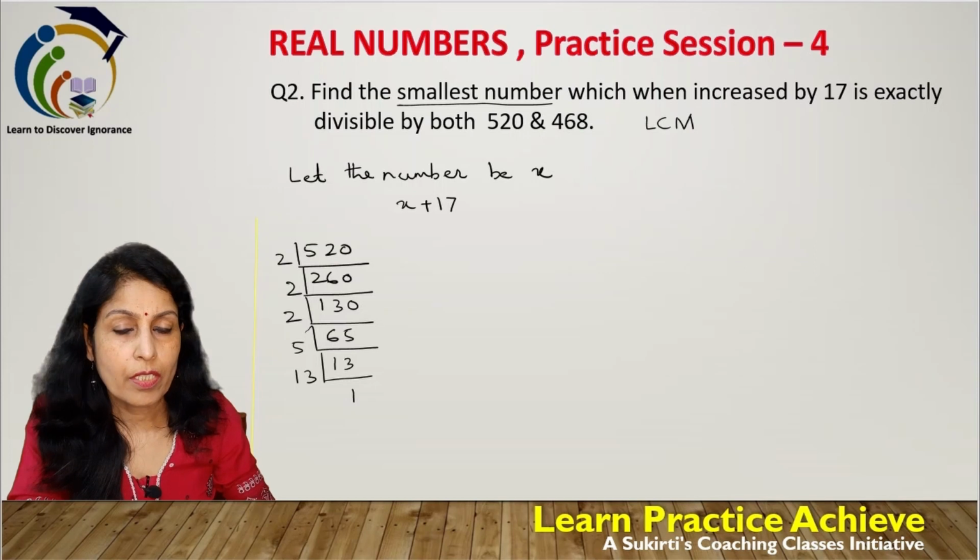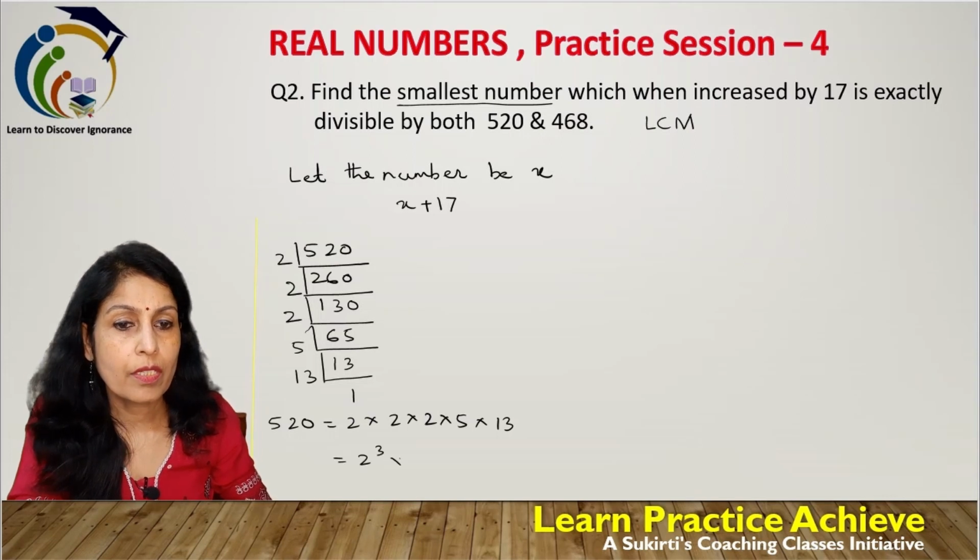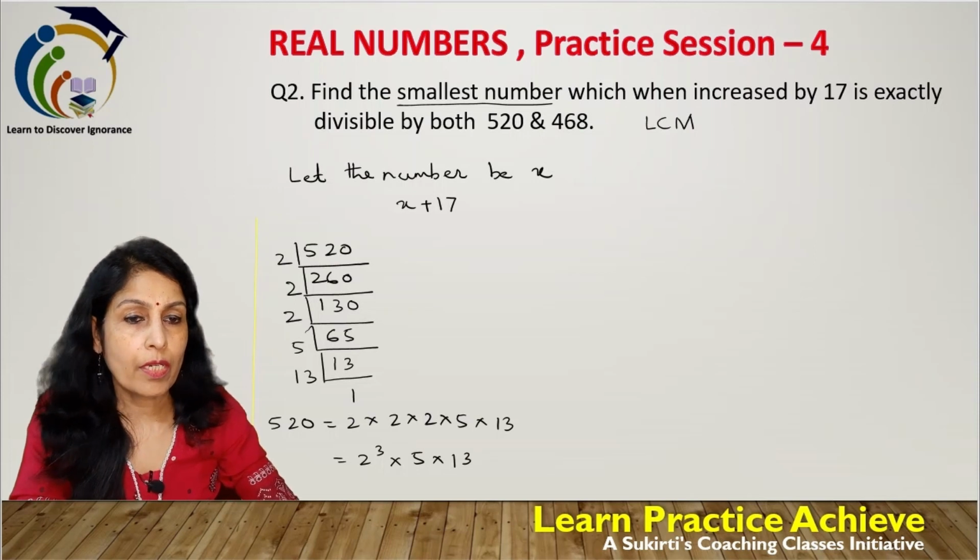So 520 is equal to 2 into 2 into 2 into 5 into 13, and this can be written as 2 to the power 3 into 5 into 13. In the same way, we will take out the prime factorization of 468.